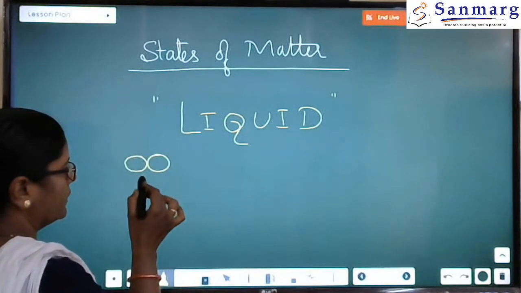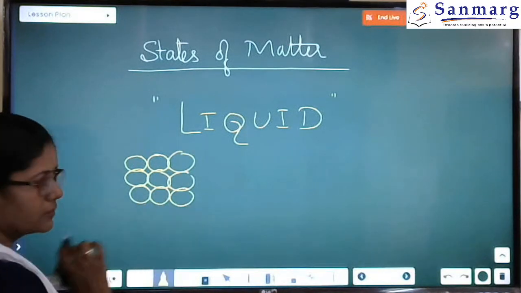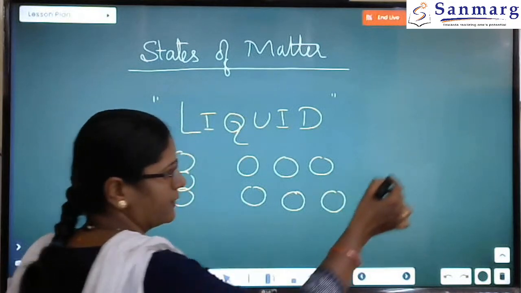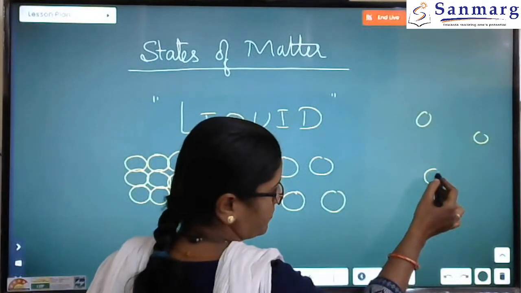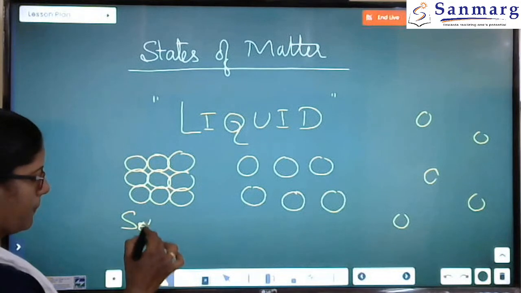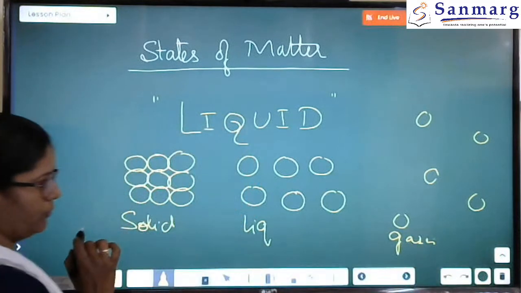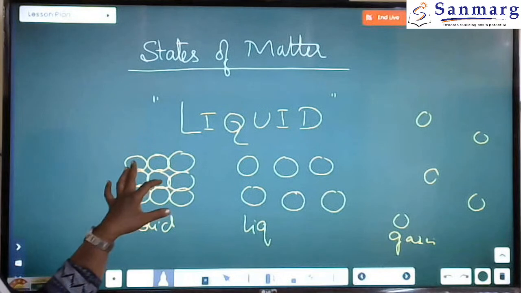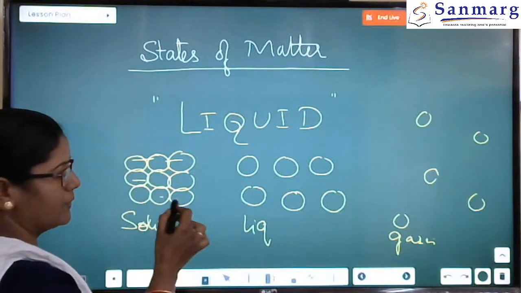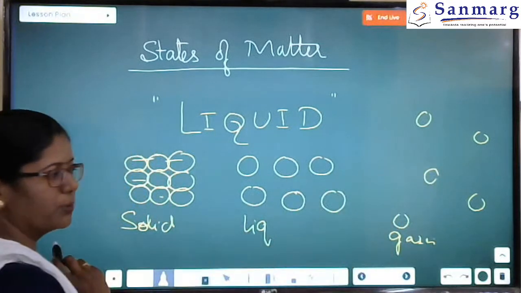Intermolecular force of attraction is stronger in solids, moderate in liquids, and very weak in gases, where molecules are free moving. So for solid, liquid and gases, the intermolecular force of attraction, that is the attraction between two molecules, is greater in solids, moderate here in liquids, whereas here in gases it is less.